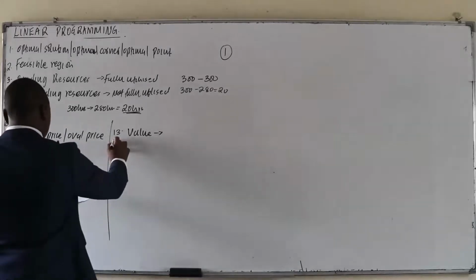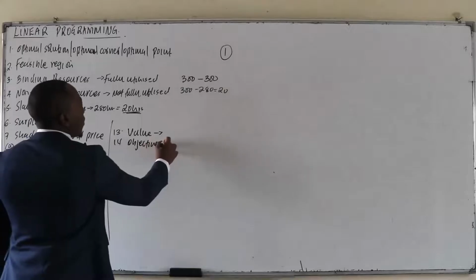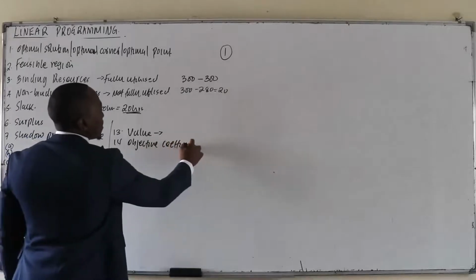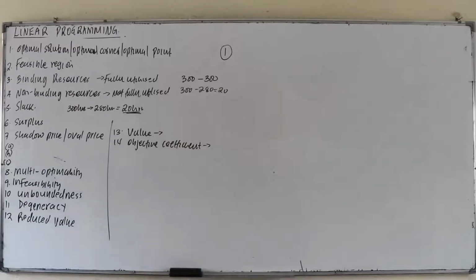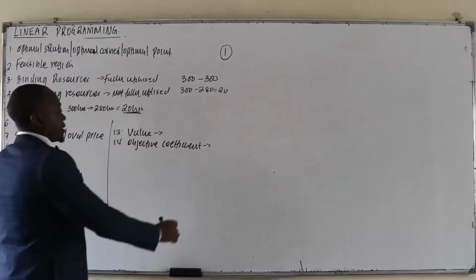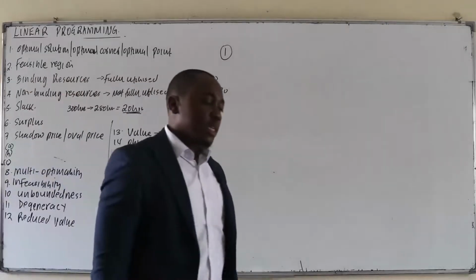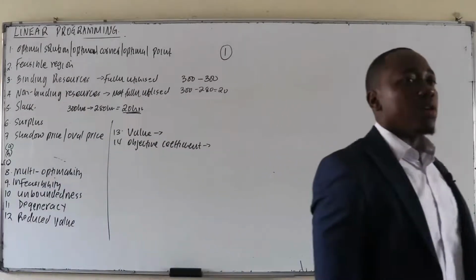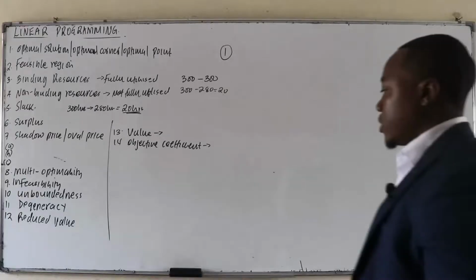Another one, number 14, objective coefficient. This means profit or contribution.